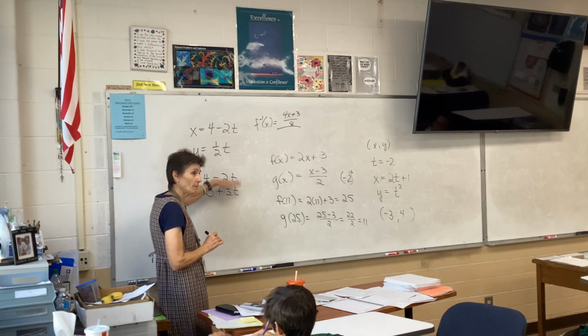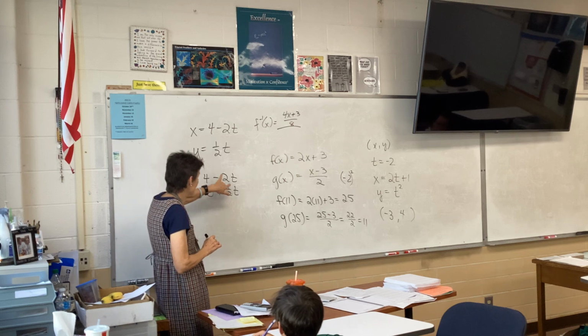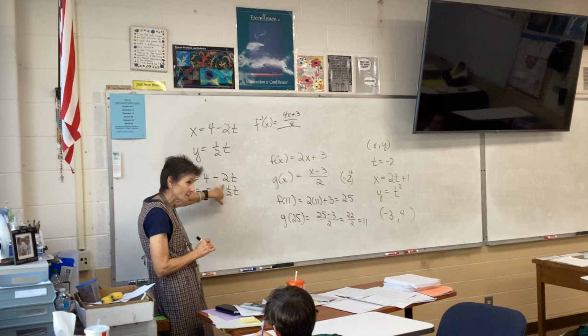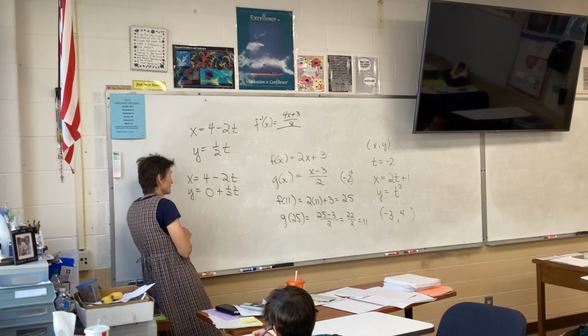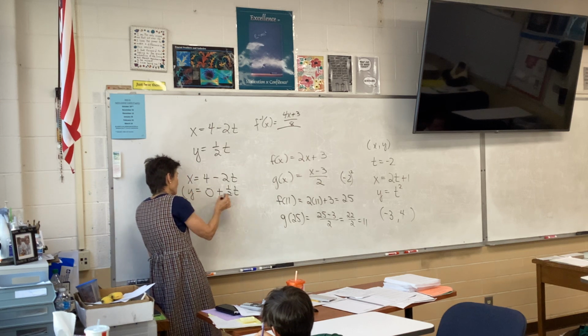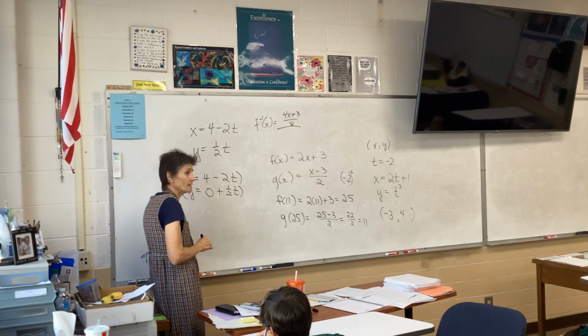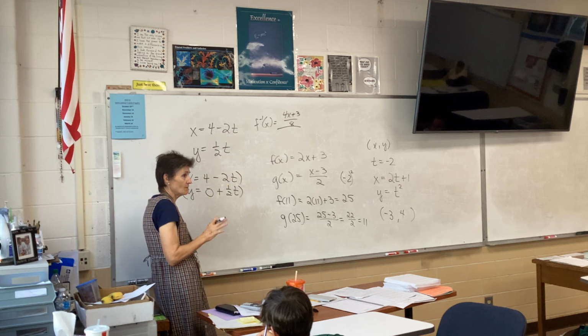Now they're lined up. Now they don't eliminate right now because these numbers don't match. So what could I multiply by that would eliminate the t's?